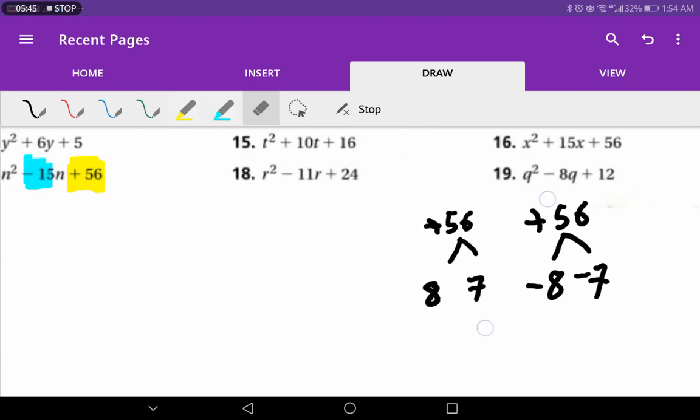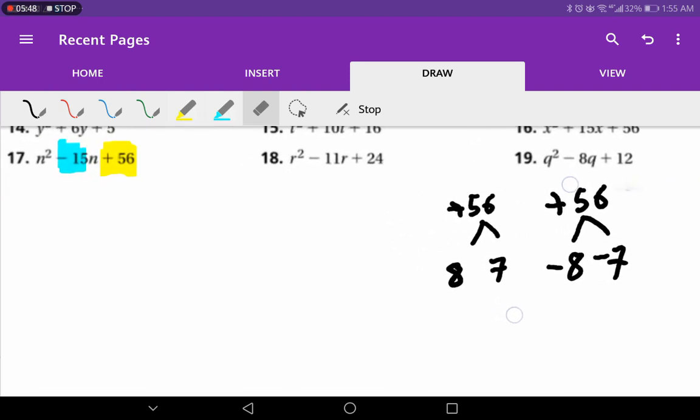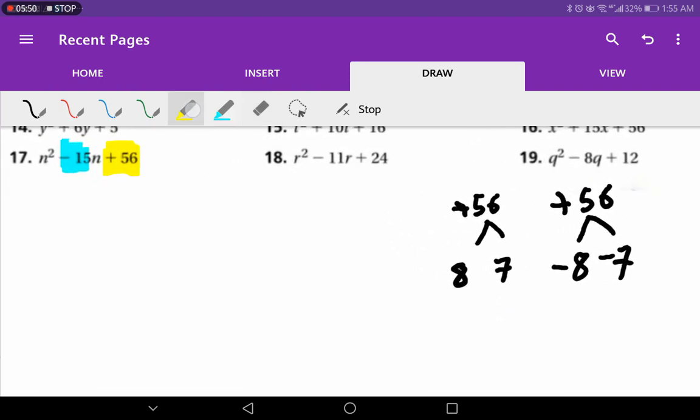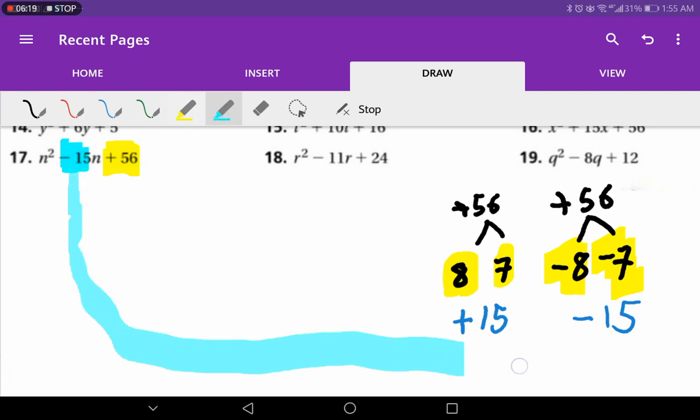But the story ends here, actually. If I add 7 plus 8, I will get positive 15. And if I add negative 8 and negative 7, clearly it is negative 15, not positive 15. So if I match, clearly I will take this one. It is matching.